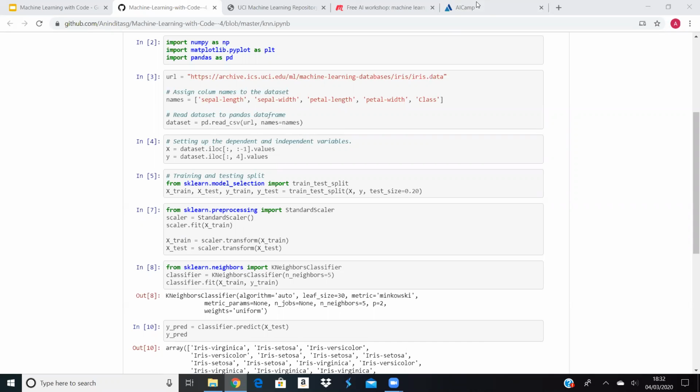Okay, Kadi had asked what is the benefit of using a scaler. So this data that we are using is actually random, and the variance and mean are quite diverse. But we need to use a normal distribution for the k-neighbors algorithm that is implemented by scikit-learn.